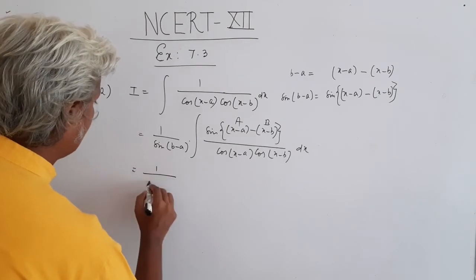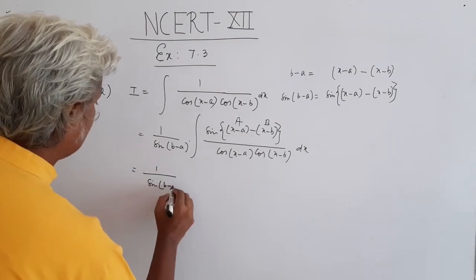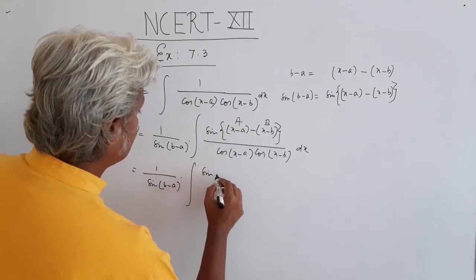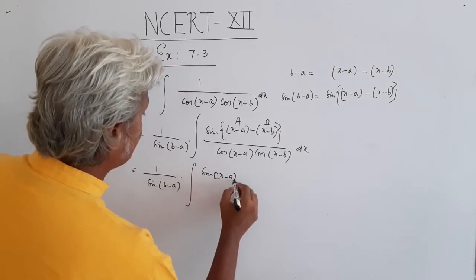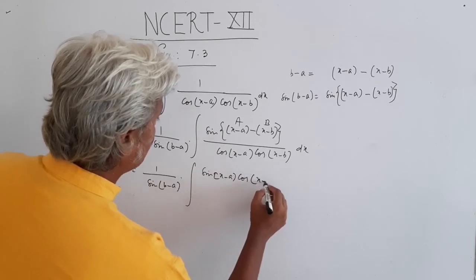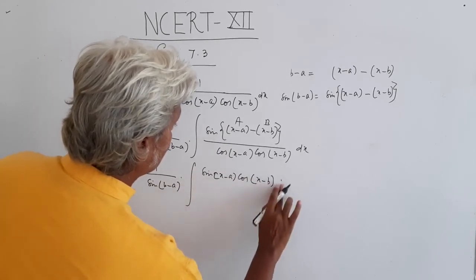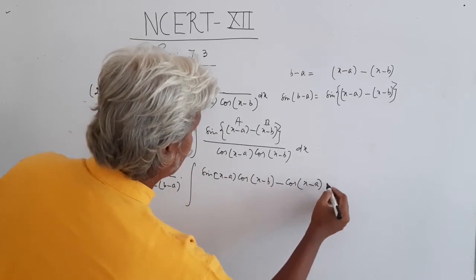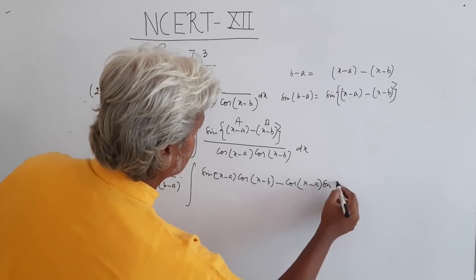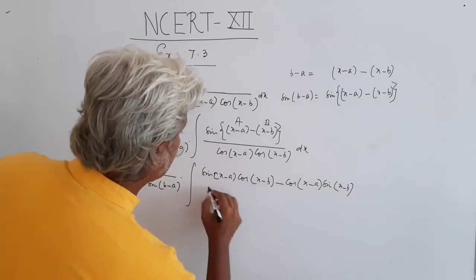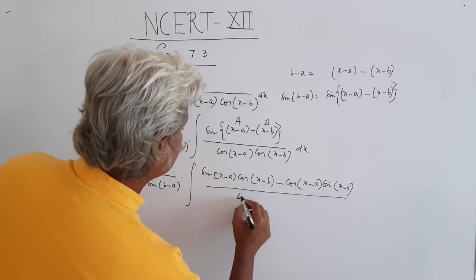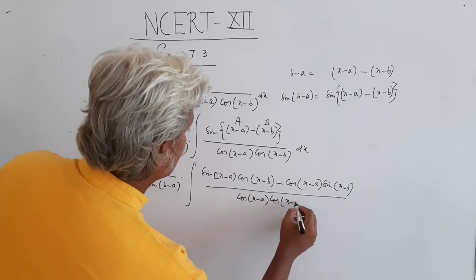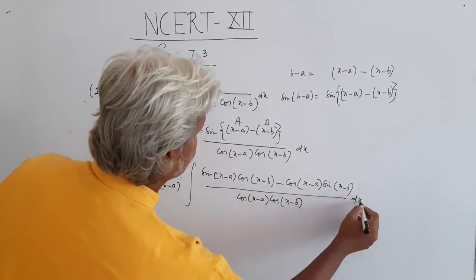So this is 1 over sin(b − a) integration of [sin(x − a) cos(x − b) − cos(x − a) sin(x − b)] over cos(x − a) cos(x − b) dx.